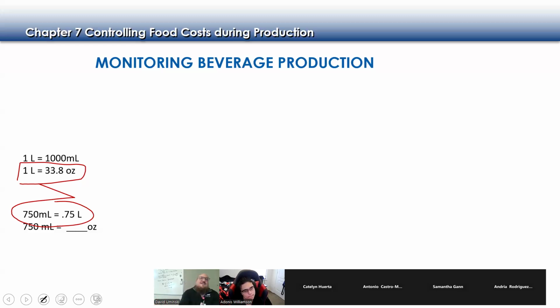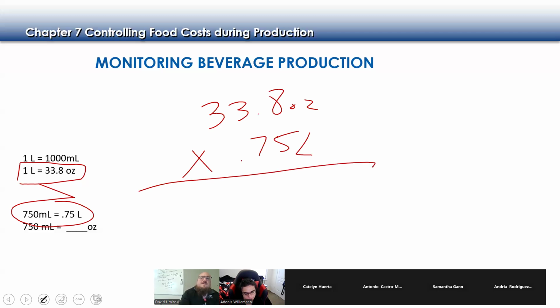So nice. So if we take that 33.8 ounces and we multiply by that 0.75 of a liter, what do we get? 25.35. So that's another one you want to memorize.